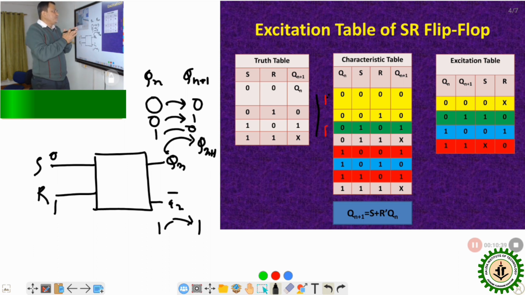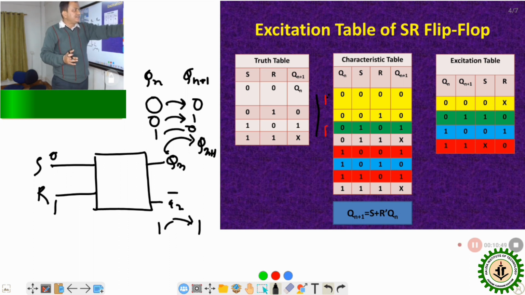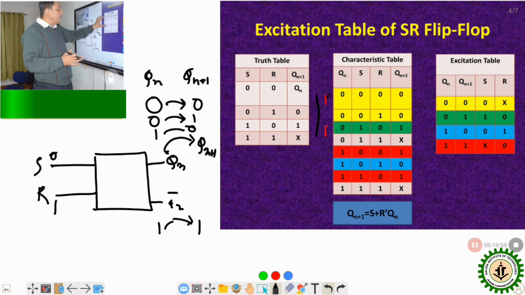So now we have put this Qn in the first column of this excitation table, that is the present state, and this is the next state, that is Qn plus 1, of the SR flip flop. See, look at this difference. In the SR flip flop, the input combinations are given, and we determine the output.